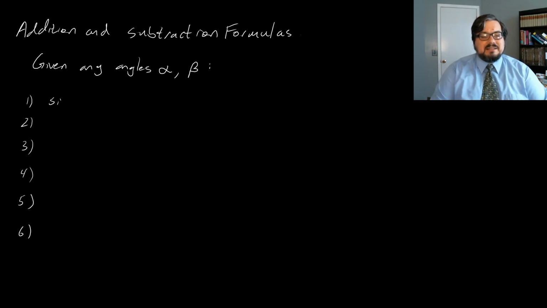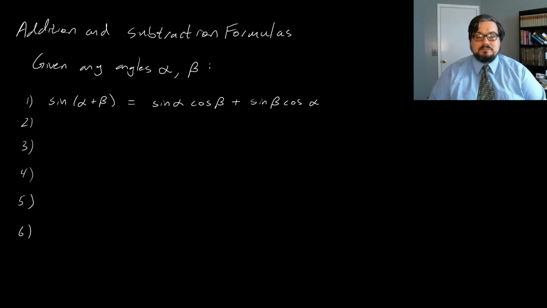We have that sine of alpha plus beta is equal to sine of alpha times cosine of beta plus sine of beta times cosine of alpha. So this equation right here says that we can express sine of a sum of angles in terms of the sines and cosines of the original angles.